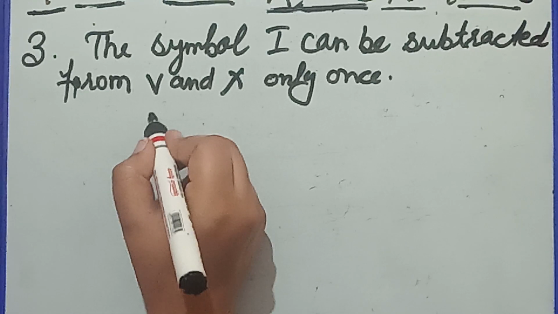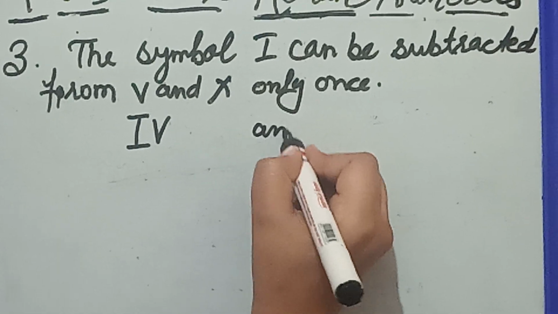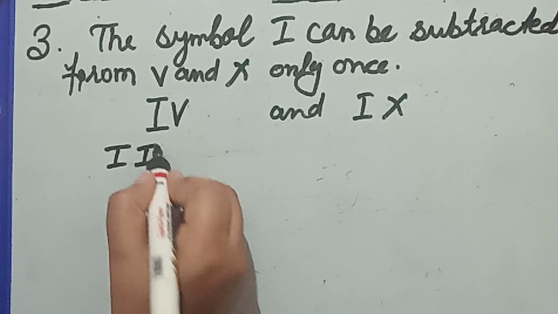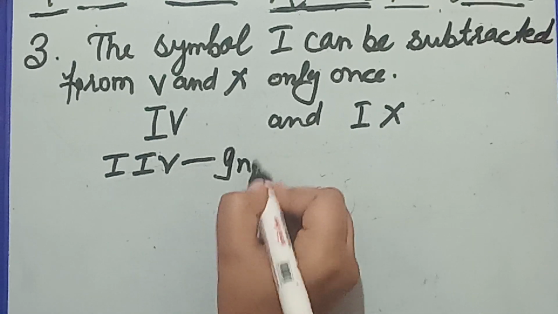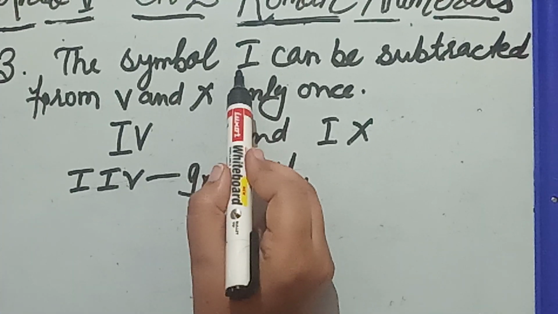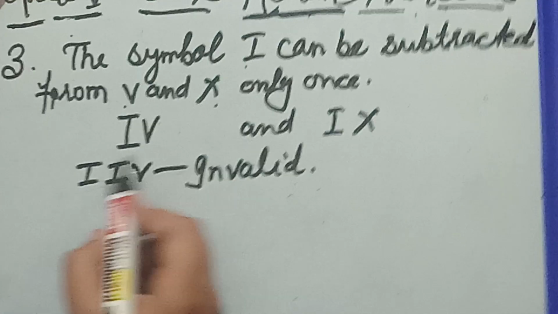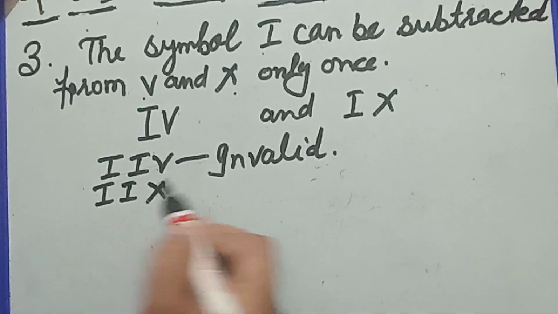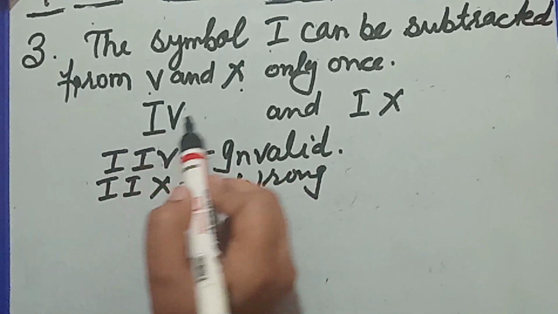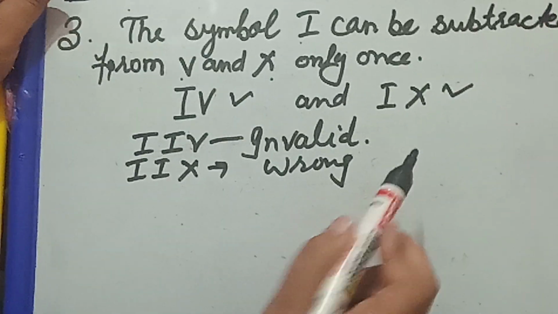It means I can write I only one time before V and also before X. If it is written IIV, that is invalid, that is wrong. We can subtract I only one time from V and X. Similarly, if it's written IIX, this is also wrong. Correct is, we can only write I one time before V and before X.